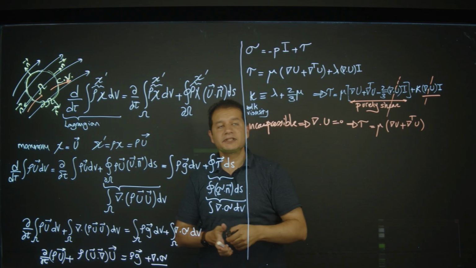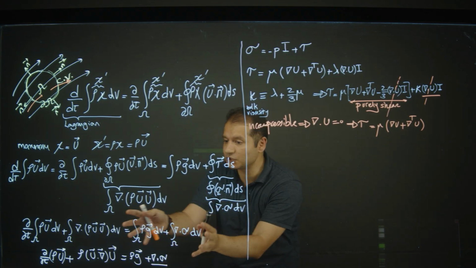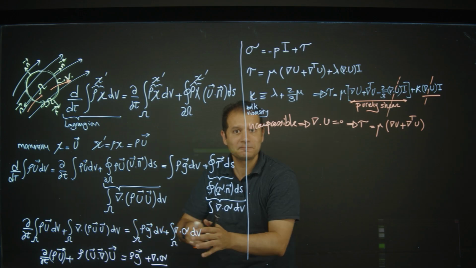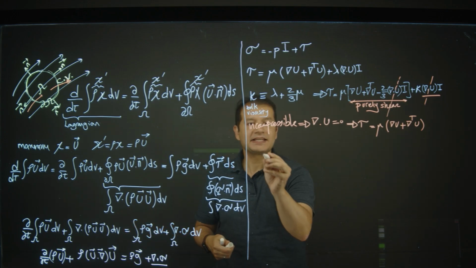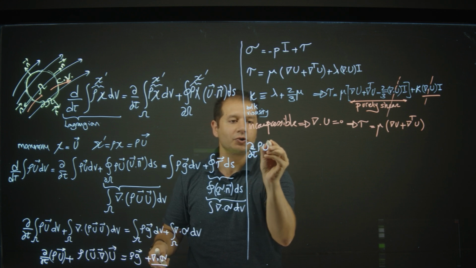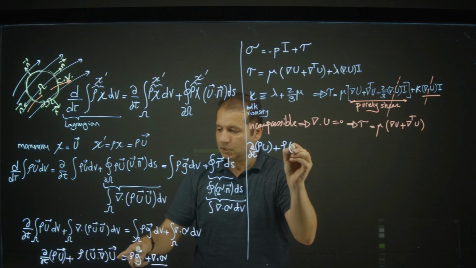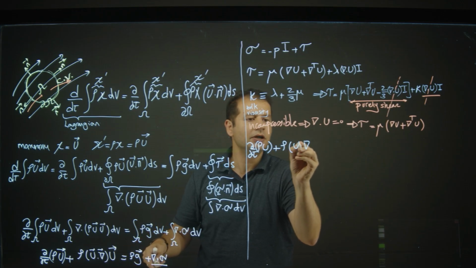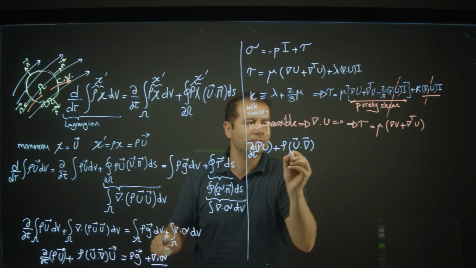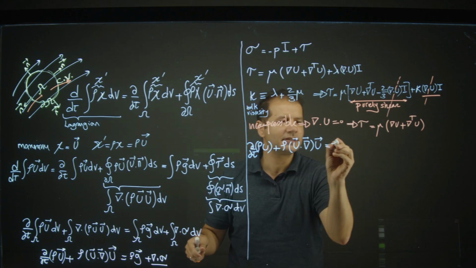Fantastic! Because now I can go back to my Navier-Stokes. It's not yet Navier-Stokes, it is just force balance. And say the term will be d/dt of rho u plus rho u dot nabla u. You will see what u nabla is. I will write it very quickly. It's very simple.